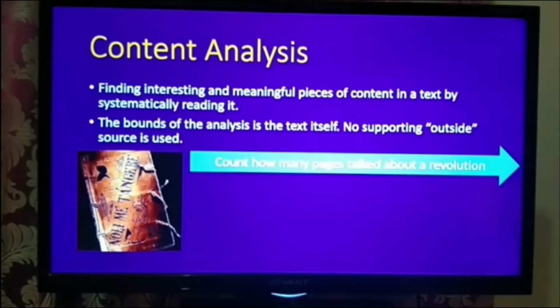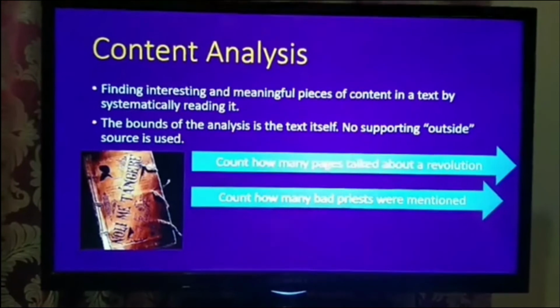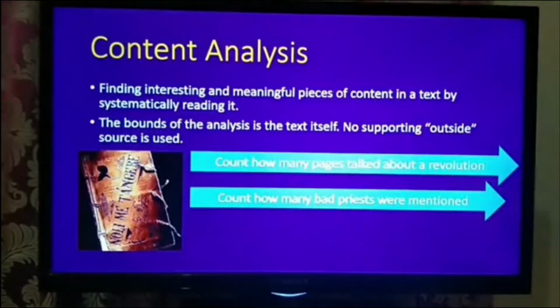Doing content analysis, you can also count how many bad priests were mentioned. So you can count Padre Damaso, Padre Salvi, etc. And you can deduce that, whoa, during that time, priests were bad, or not all, but there were bad priests during that time.